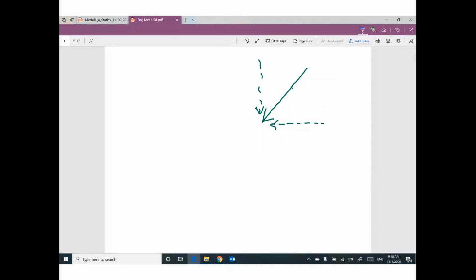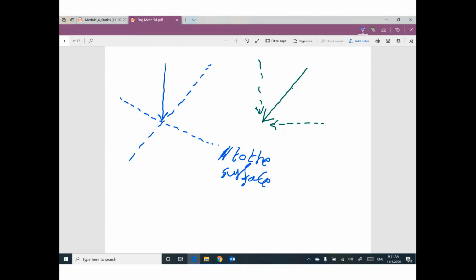We have a vertical force, which is good, but we need to get this component and this component. This one is parallel to the surface, and this one is perpendicular to the surface.